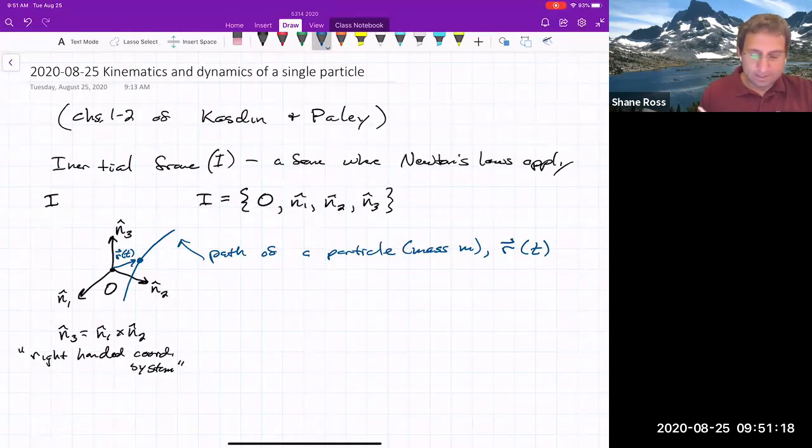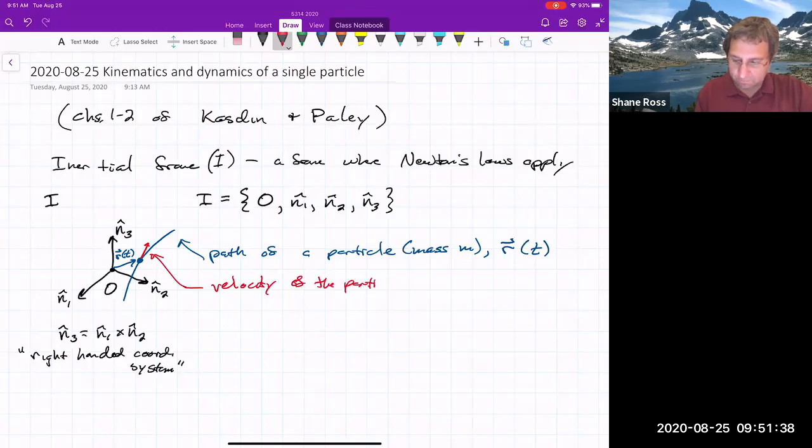And if we look at the instantaneous velocity of the particle, then we get another vector. So here's the vector. This is the velocity of the particle.